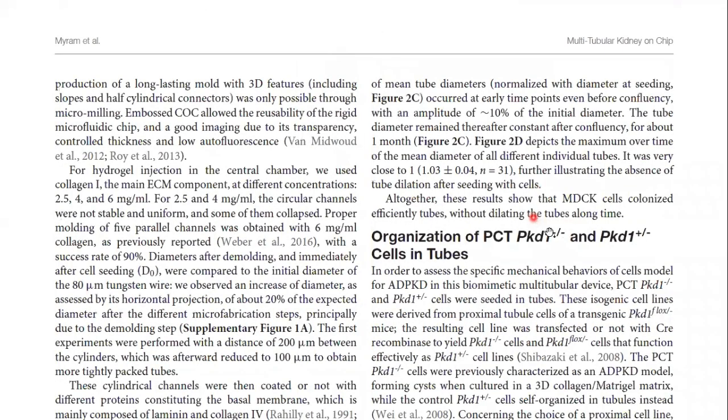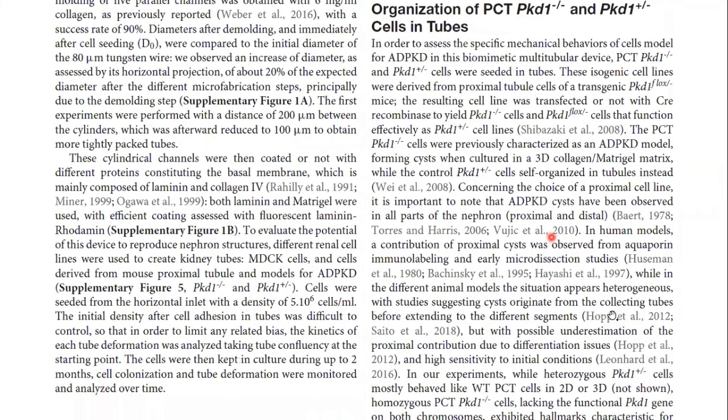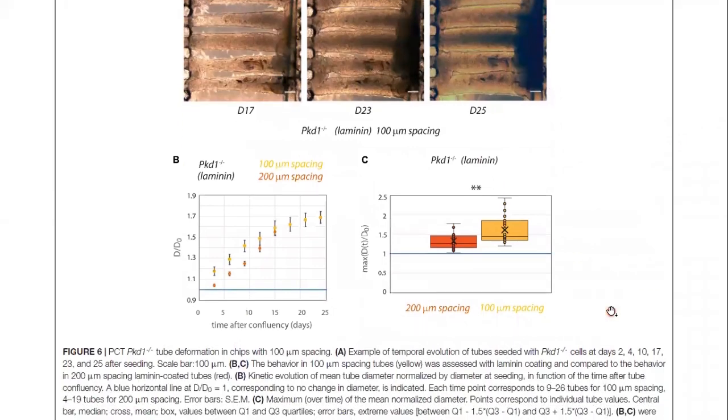In the next figure, we are going to see the same comparison, but using 200 micrometers. Sorry, it's not the same comparison. Here we can see the comparison between the 200 micrometer spaced chips and the 100 micrometer spaced chips.